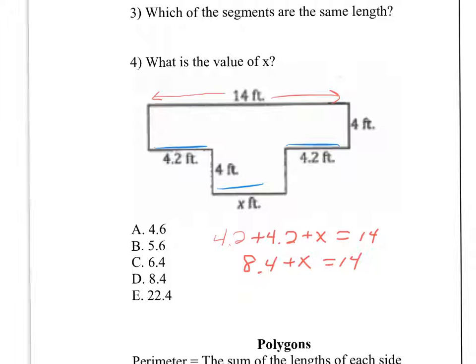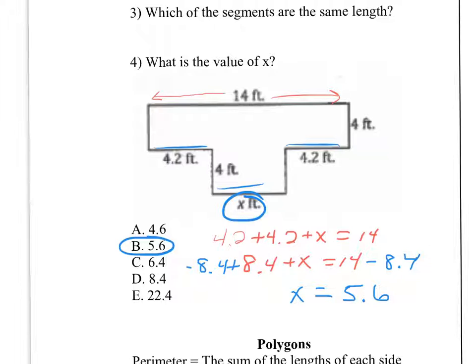Using the subtraction property, if you subtract 8.4 from both sides, or add a negative 8.4 to both sides, whatever toots your flute, you're going to get x equals 5.6. So we would expect that to be answer B.